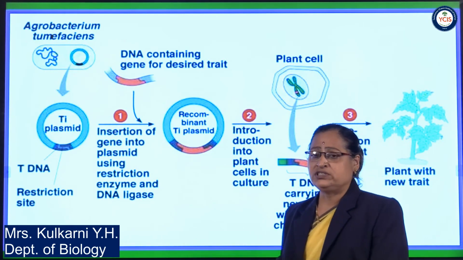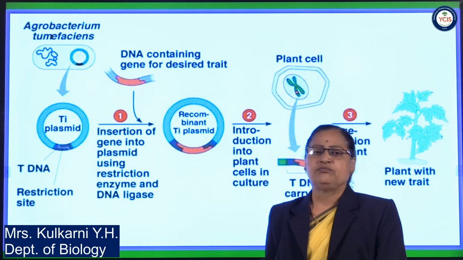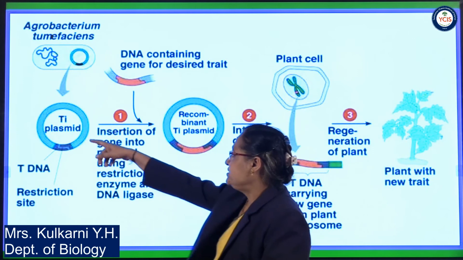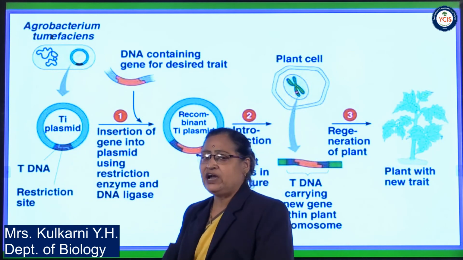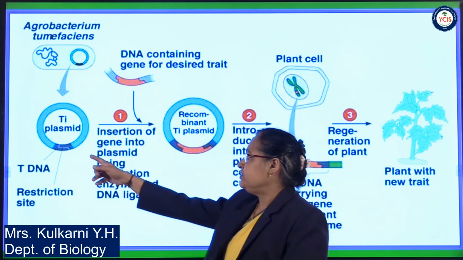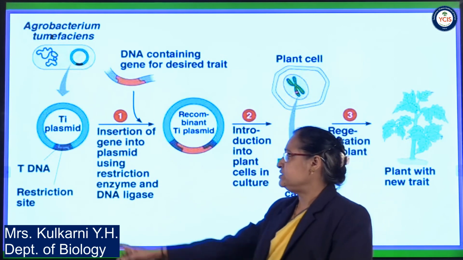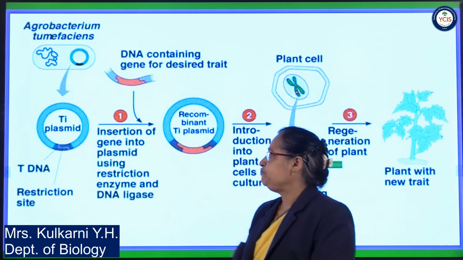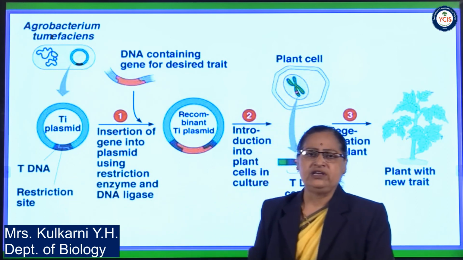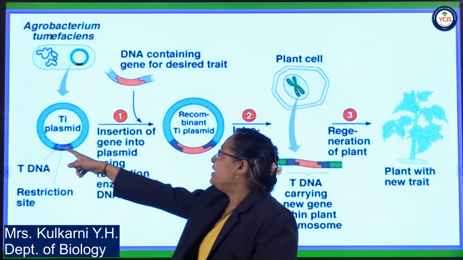So it causes crown gall disease, which means overgrowth, that is formation of tumor. It contains a plasmid, that is Ti plasmid, means tumor inducing plasmid, and it also contains a transposon DNA, that is T-DNA, and this is the restriction site where the restriction endonuclease enzyme cuts this plasmid.